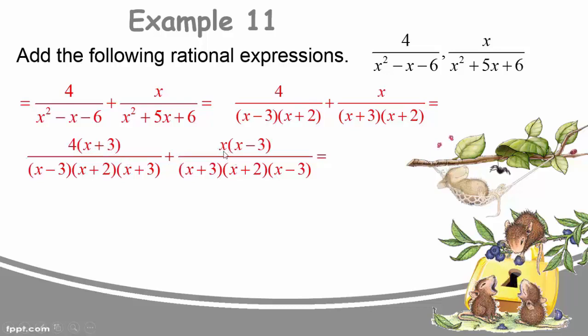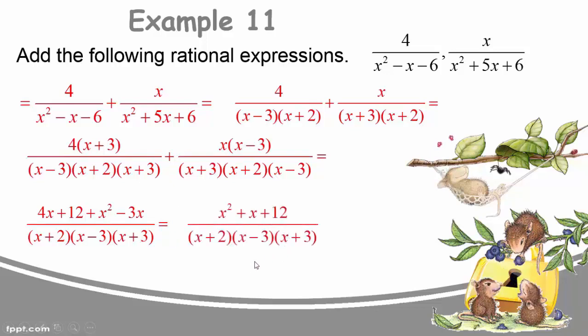And similarly for x, what this particular term is missing is the x minus 3 term, so I have to multiply x by x minus 3, and then I can combine them since they both have the same denominators. I use the distributive property to work these out and then finally combine it, and there is my final answer, just like I had on the whiteboard.